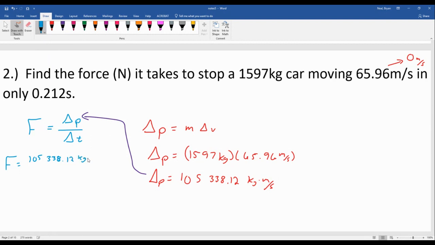Again, these weird units, they get combined from momentum stuff, but the fact here that we're dividing this by seconds again, that's where these get combined, and we end up with force units. So newtons will be on the answer. Then dividing these will give us a very large answer. We get 496,878.